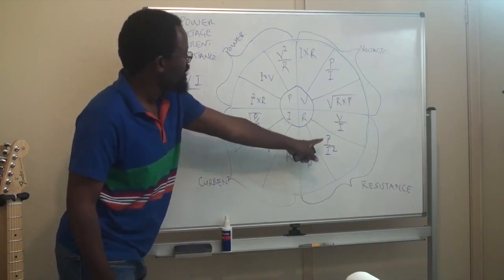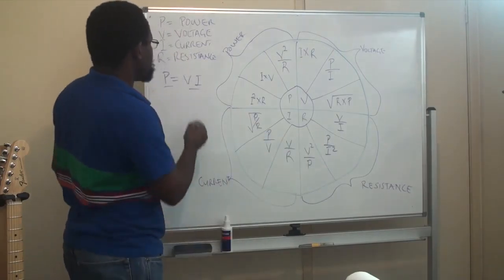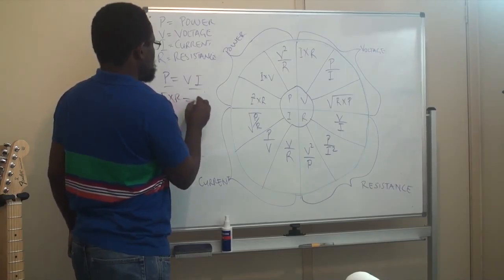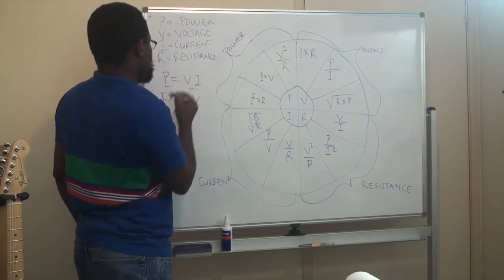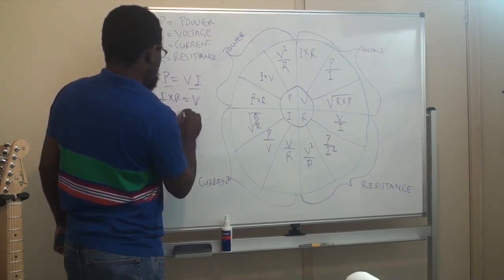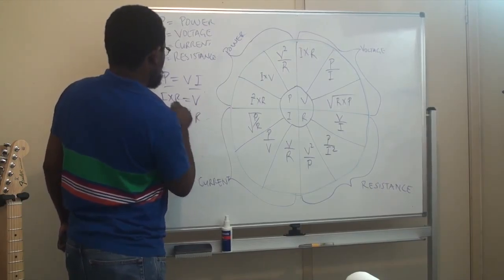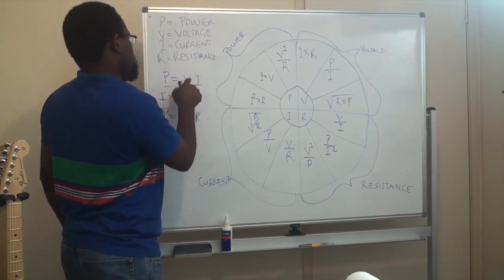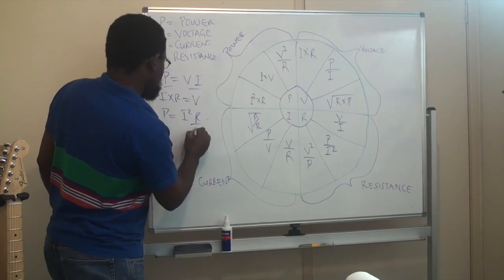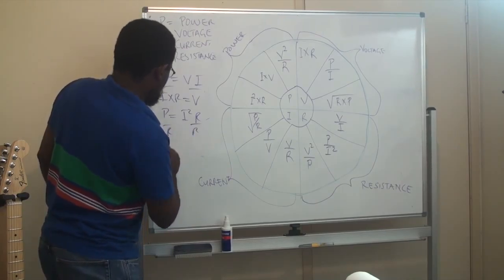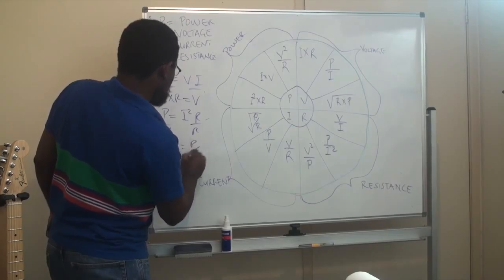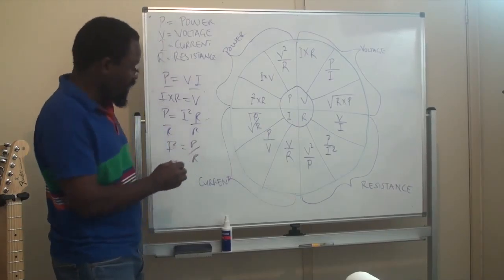Now let's get down to these formulas for resistance. We know that I times R is equal to V. So let's put V there, so P is equal to I squared times R. We have just substituted V by this one here. Let's divide both sides by R. We get I squared is equal to P over R. Let's take the square root.